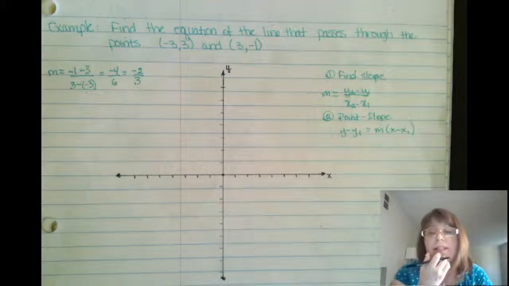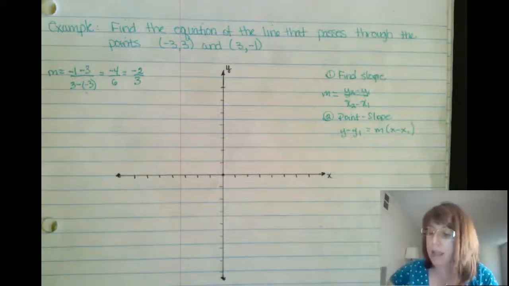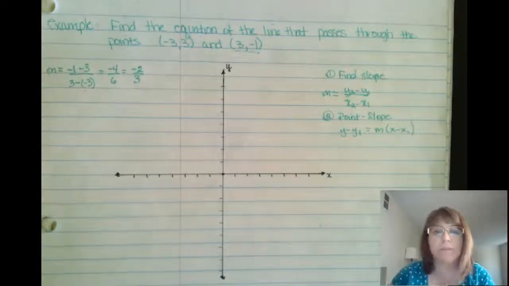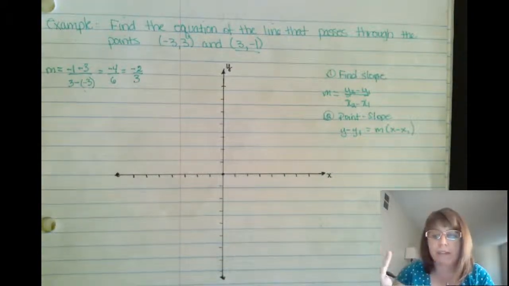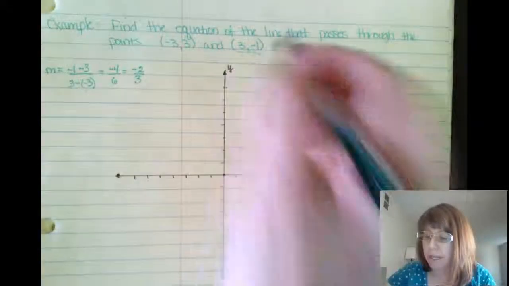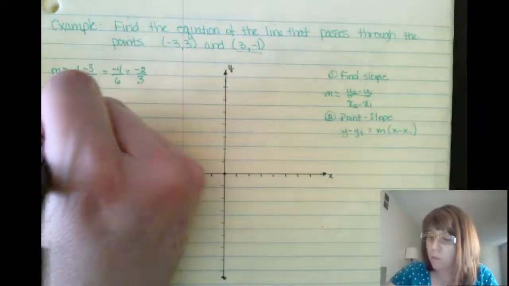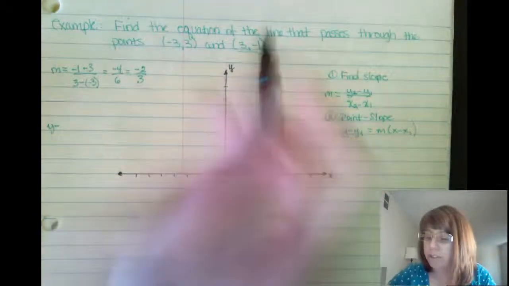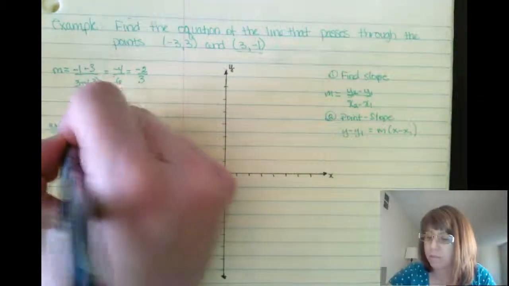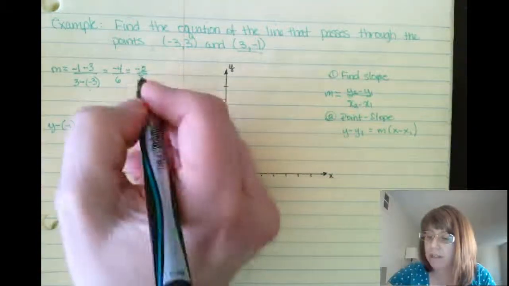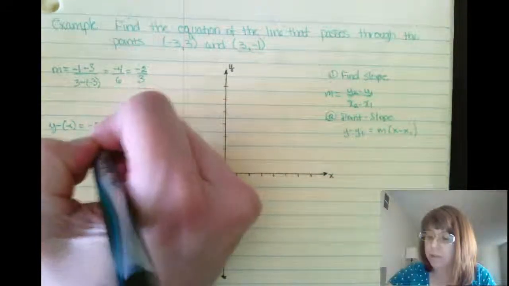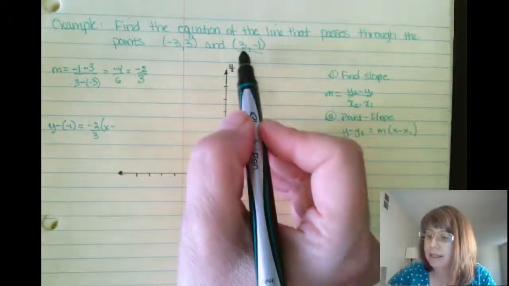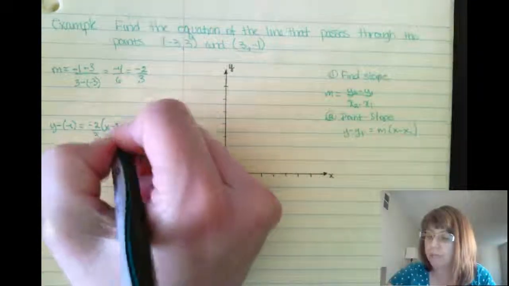So now I'm on to step 2. I'm going to use that point. Doesn't matter which point you use. You're given 2. You can choose one or the other. So I'm going to use 3, -1. So y minus y1, which is -1, equals whatever our slope is, -2/3, times x minus x1, which is 3.